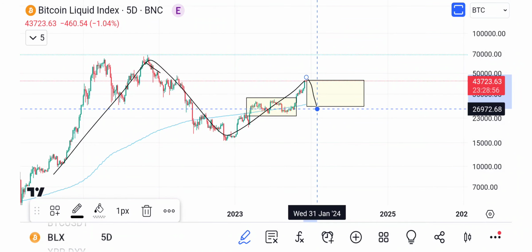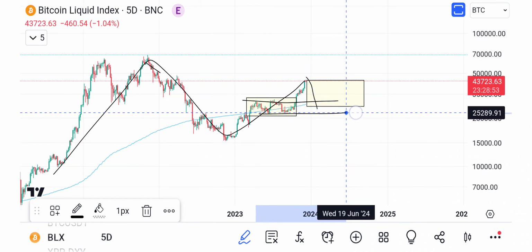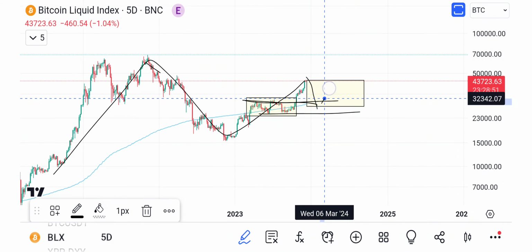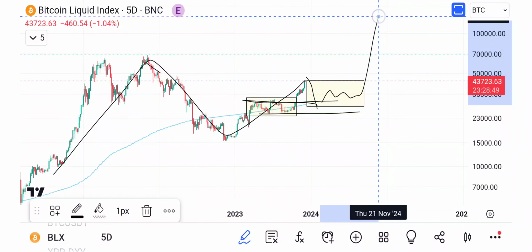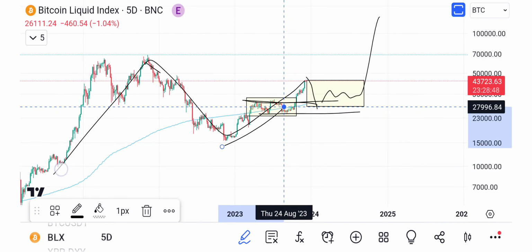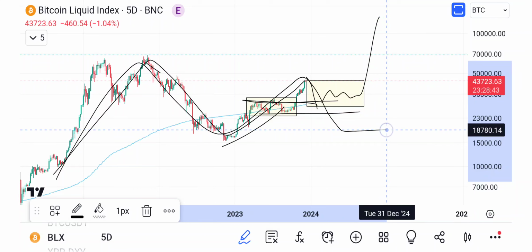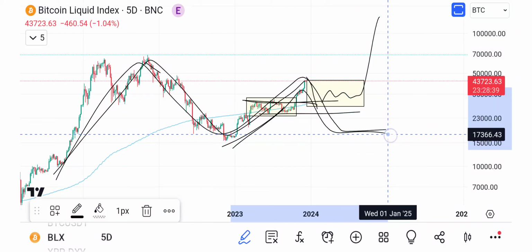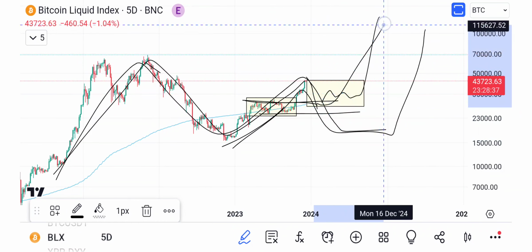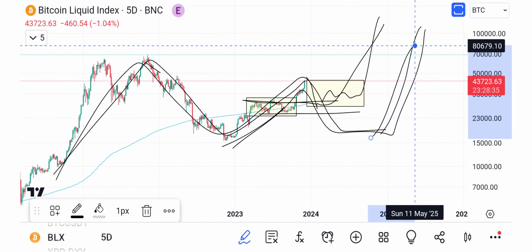Then we go down for reaccumulation, back testing this channel here, right? And then we can go. So rise, crash, retrace. Now it can come down here and reaccumulate too, right? It depends how it wants to do it, right? But either way, we're expecting more upside, right?